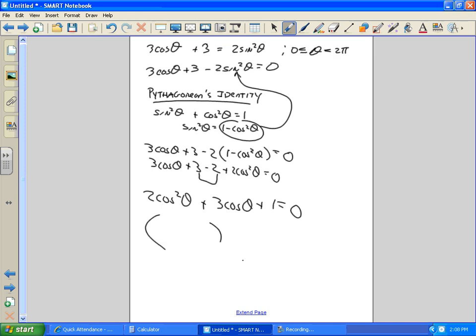I come down to 2 parentheses. I'm not going to use U substitution here. But I do know the only way to break up 2 is 1 and 2. So therefore, the only way to break up 2 cosine squared theta would be 1 cosine theta and 2 cosine theta. The sign between the middle term and the constant is positive.